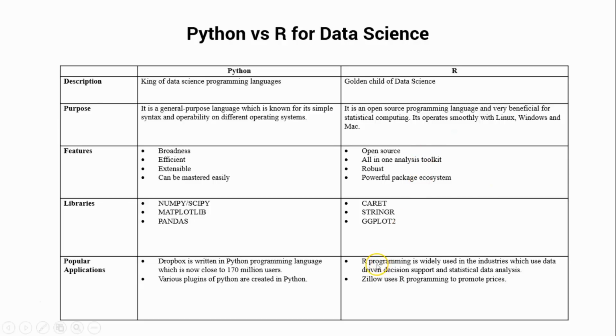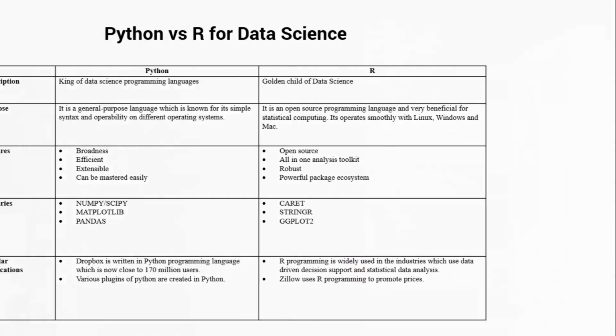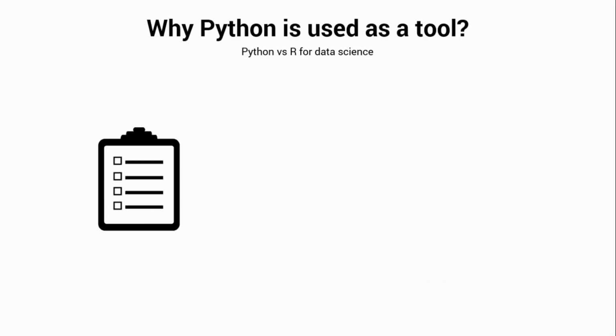When it comes to the R programming language, R is widely used in industries which use data-driven decision support and statistical data analysis. Zillow is an app which uses R programming to estimate prices of real estate and everything.